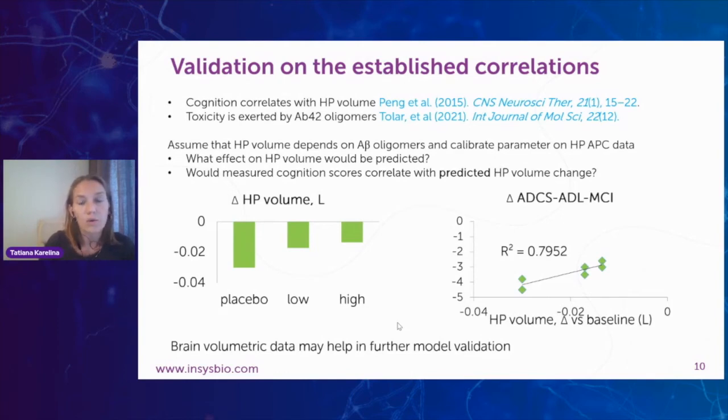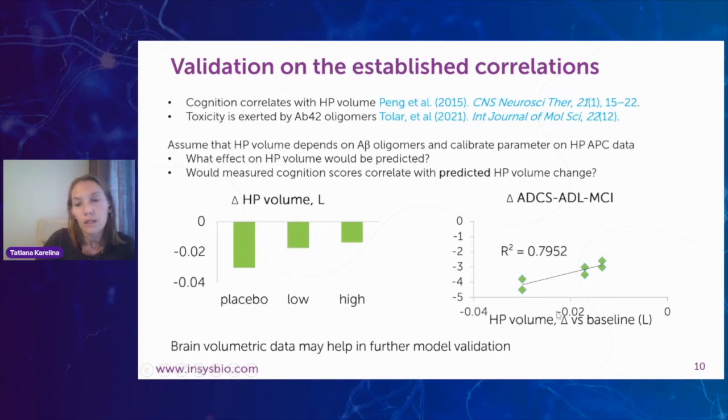So, we can try to answer two questions. What effect on hippocampal volume in the model will be predicted in aducanumab trial simulation? And would measured cognition scores really correlate with model predicted hippocampal volume change? So indeed, we see that if we consider hippocampal volume to be dependent on A-beta 42 oligomers, then there will be some difference in hippocampal volume change between low and high dosage, with a much higher decrease of hippocampal volume for placebo group.